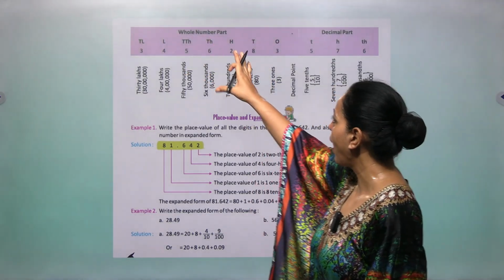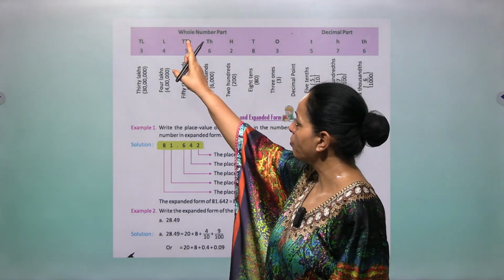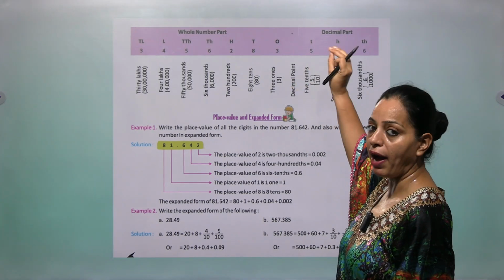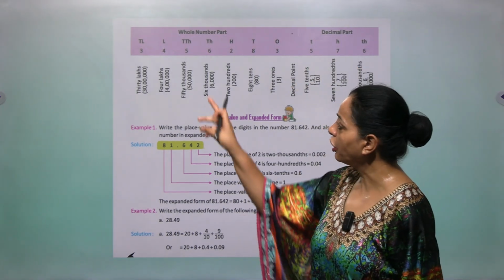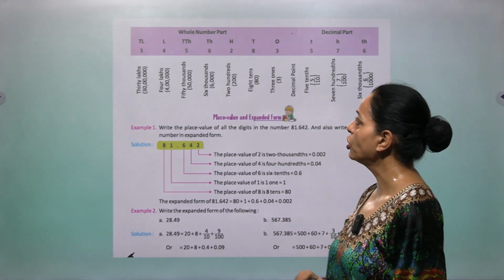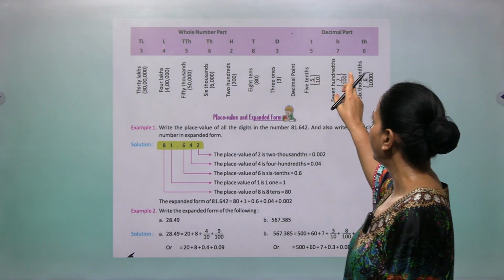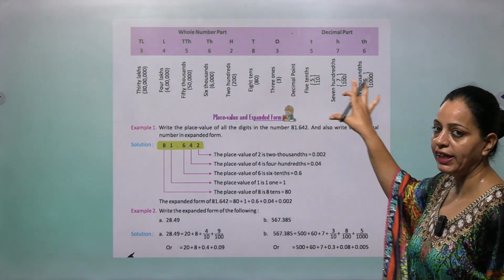In the place value chart, first is the whole number part and the next is the decimal part. What we write first represents the whole number, and what comes after the decimal point we call the decimal part. The number given is 34,56,283.576. So how to write it in the place value chart?